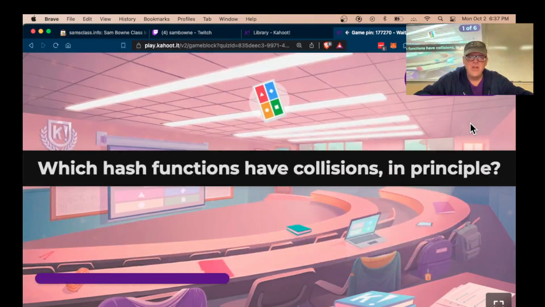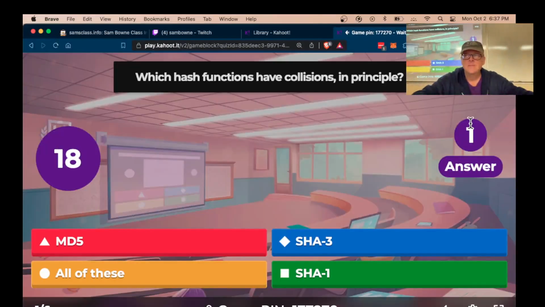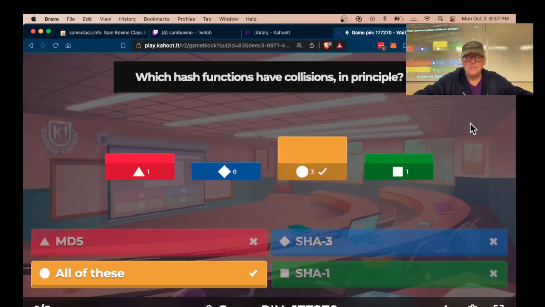All right, so which hash functions have collisions in principle? All of them must have collisions. It's just that we can't find them for SHA-3 yet.